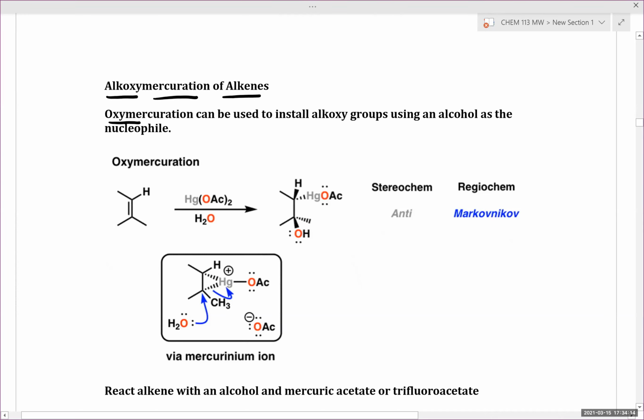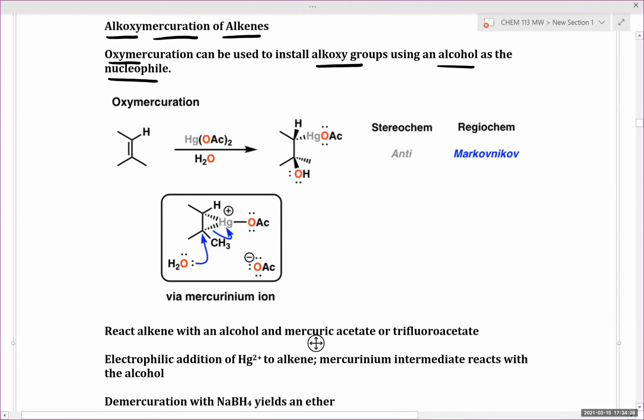Now, oxymercuration can be used to install not just an alcohol, but any alkoxide functionality if you use an alcohol as your nucleophile. So for example, if we replace water with any generic alcohol, you can add an alcohol into an alkene via oxymercuration.